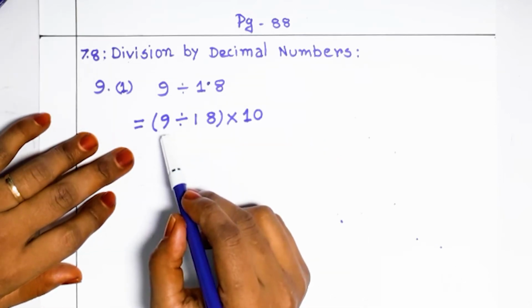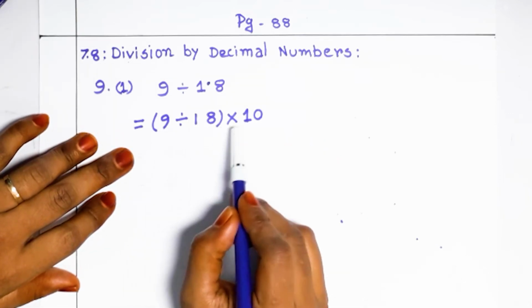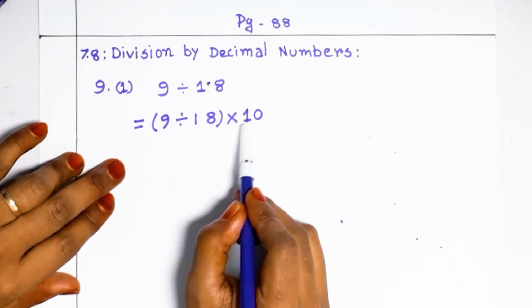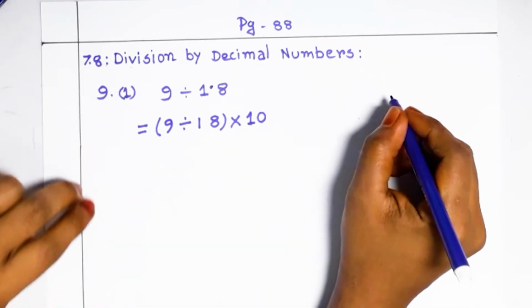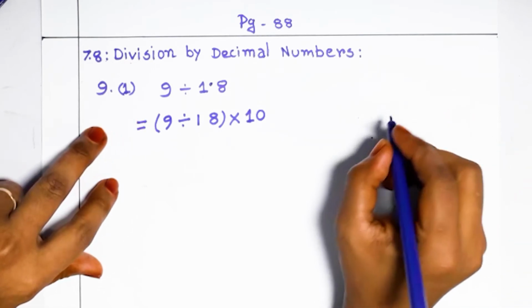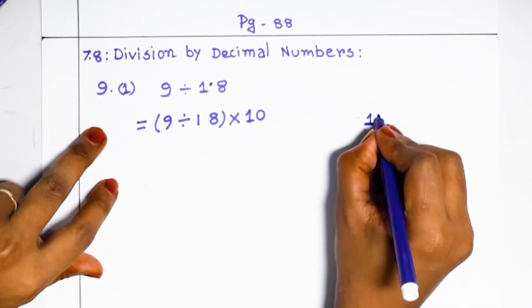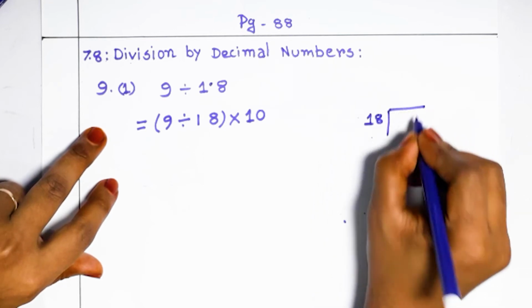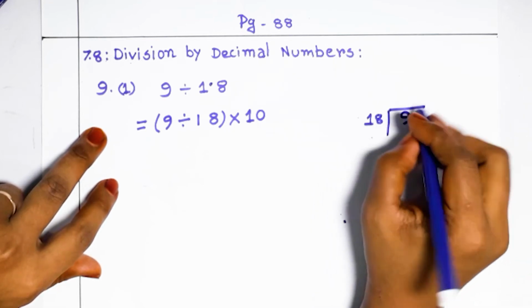So we write 9 divided by 18, multiplied by 10. Here is 9 divided by 18. That means 18 into 9.